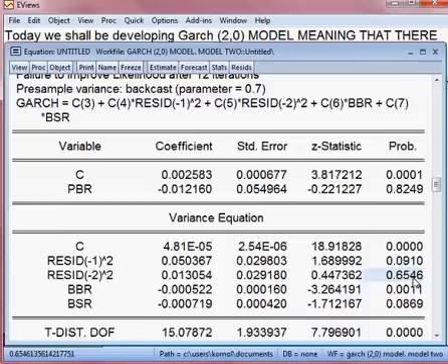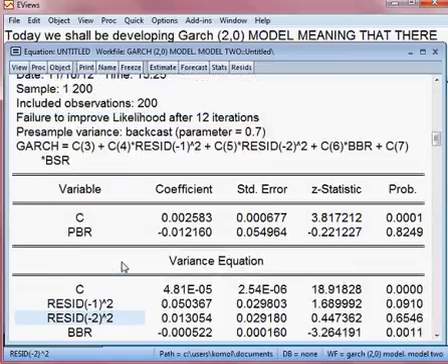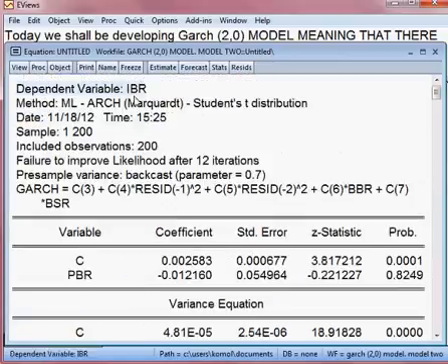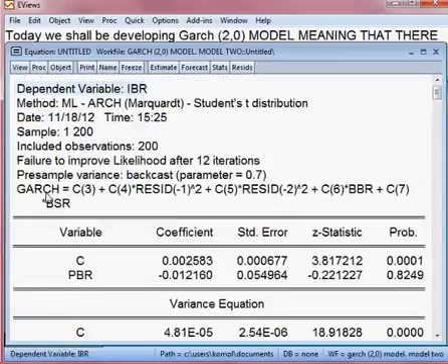No, it is not significant because the p-value is 65.46%, meaning that ARCH 1, ARCH 2, none is significant, meaning that previous day's information cannot influence the volatility of the Indian bond return, that is IBR, right?